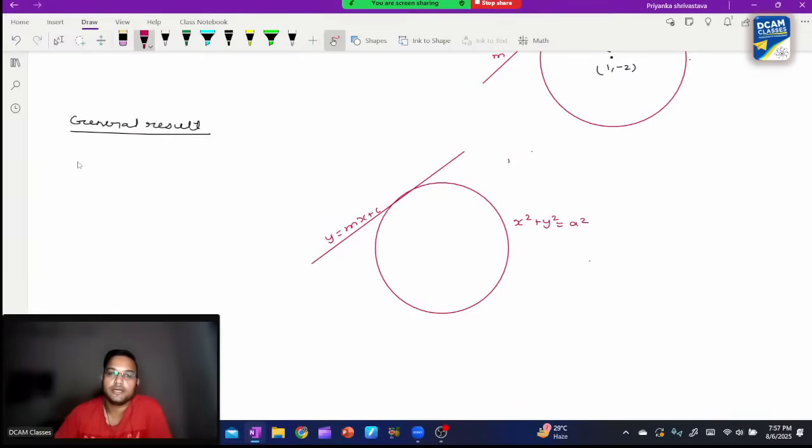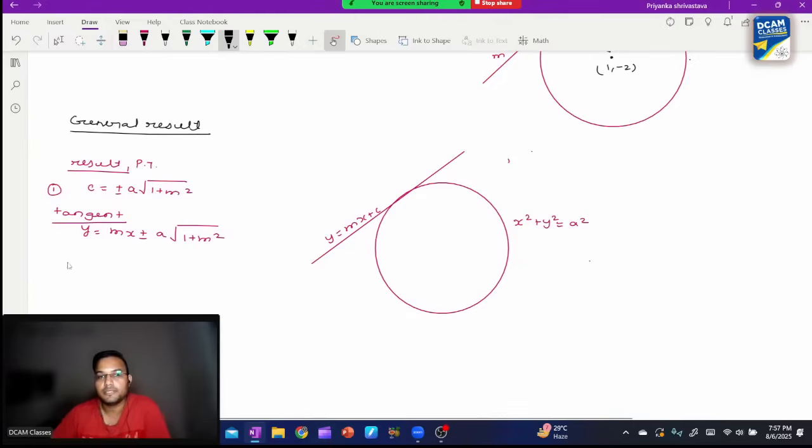You have to find out this result, that c is equal to plus or minus a root over 1 plus m square. Prove that. Then the equation of tangent will be y is equal to mx plus or minus a root over 1 plus m square. You have to prove this result first. Then this you will be able to do easily.